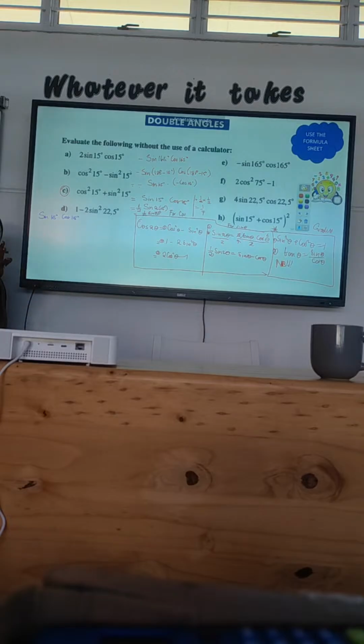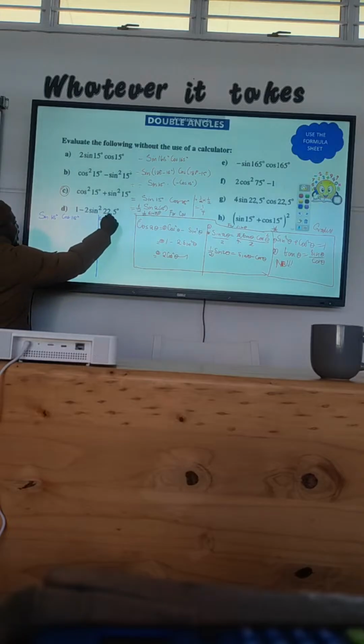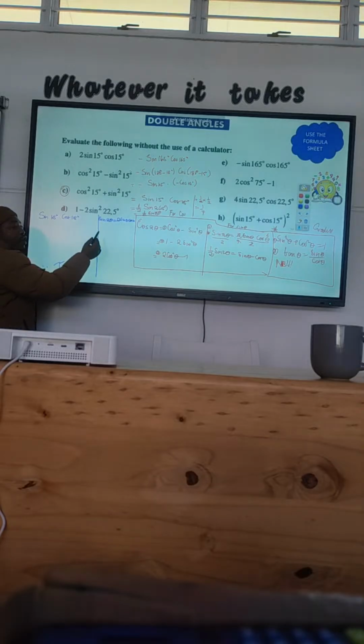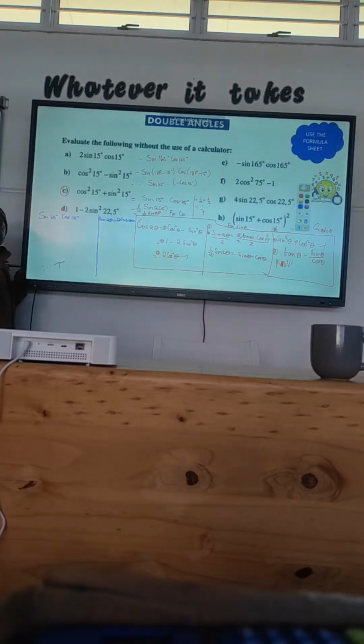I know this has to do with the double angle of sine, but the double angle of sine is sine 2 theta is equal to 2 sine of theta cos of theta. But I don't have 2 sine of theta cos of theta. I only have sine theta cos of theta. So I'm asking myself that if I don't have 2 sine theta cos theta, it means the 2 is not there. So let me take what I get from the formula sheet.